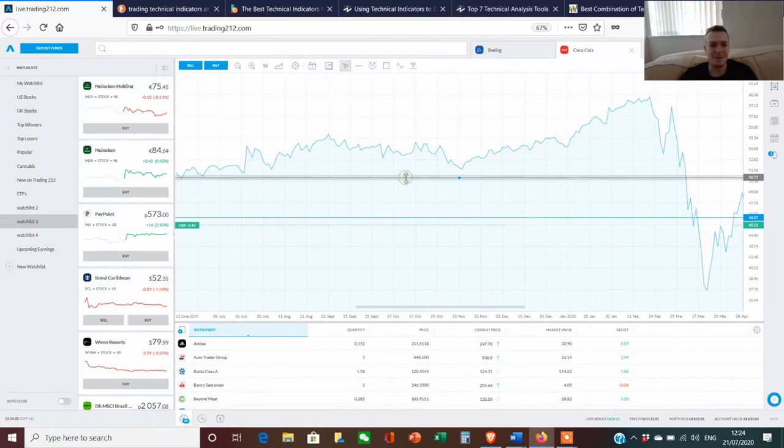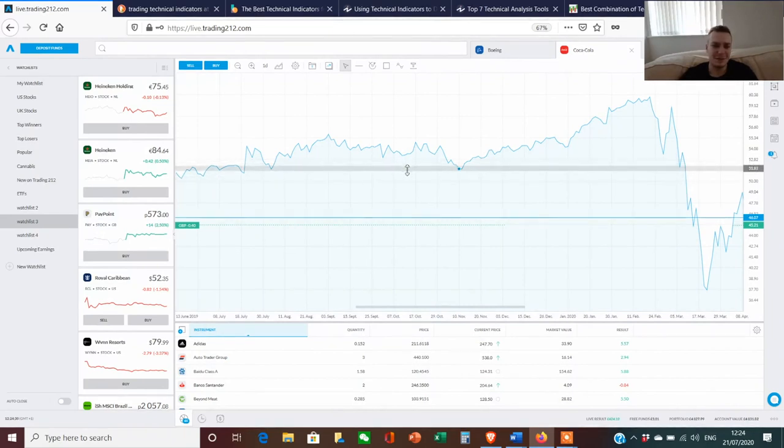Maybe for around here, because you can see you have this bit here as well. I'll show you with my mouse. So you see there. So you could have said you had a form of support here. Let me see if I can get an actual, here we go, trend line.